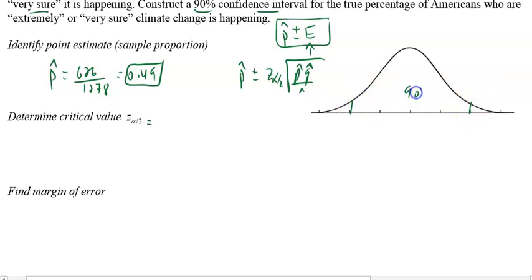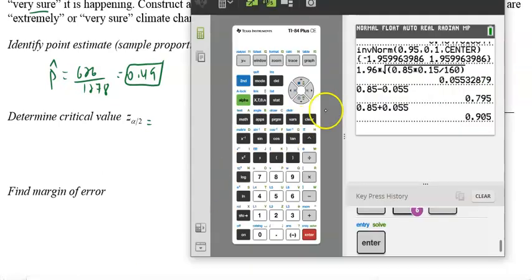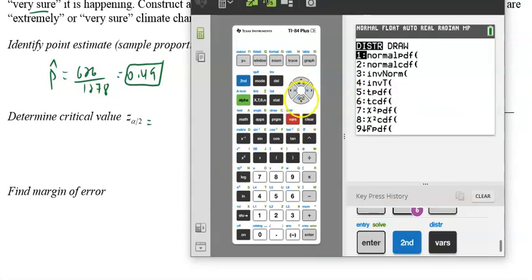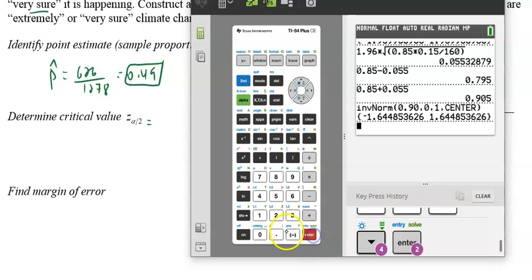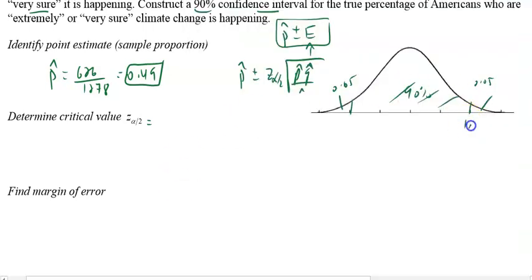Z sub alpha over 2: they said 90% confidence interval. Well, that means they want this area to be 90%, right? That means this is 10%, 5% below, and 5% above. And since I have my calculator, I could work backwards. Again, most calculators can only do one-sided. This could do all. So if we go to 0.90 and pretty much leave everything alone, I'll get negative 1.64 and positive 1.64.